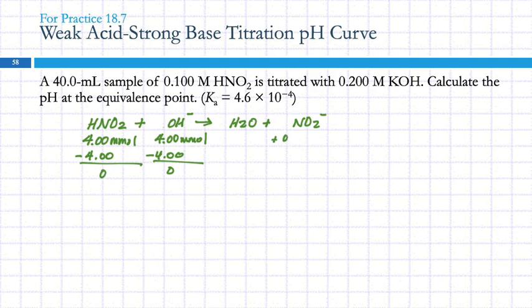And over here, whoops, this started out at 0. And so we end up with 4 millimoles of nitrite ion, which is a weak base.